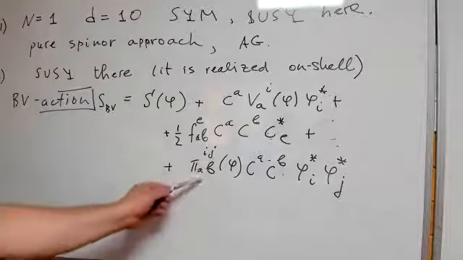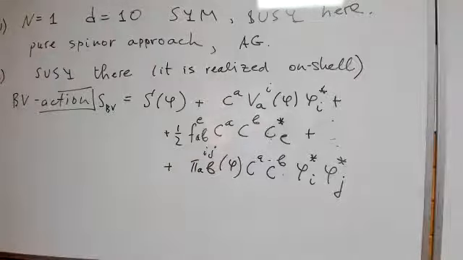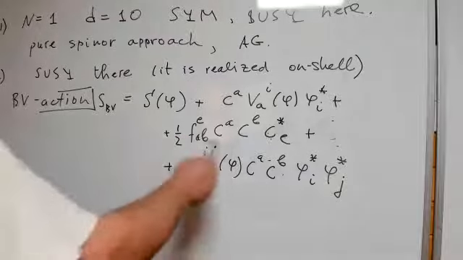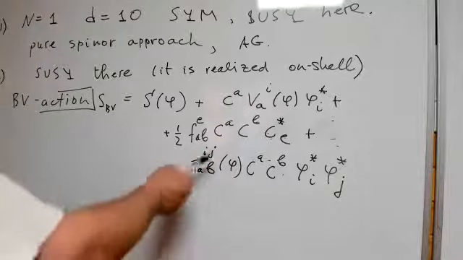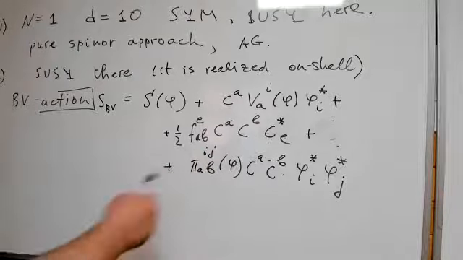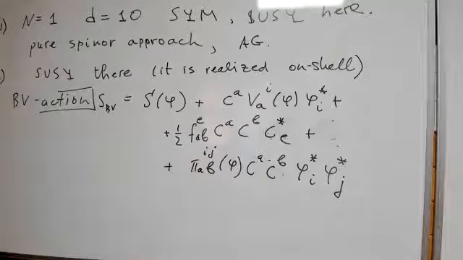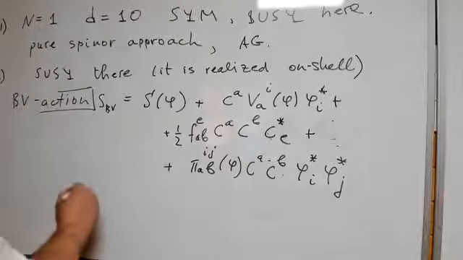Here the term pi. So if this term pi is absent, we speak about classical realization. If this term pi is present, then we have the following.